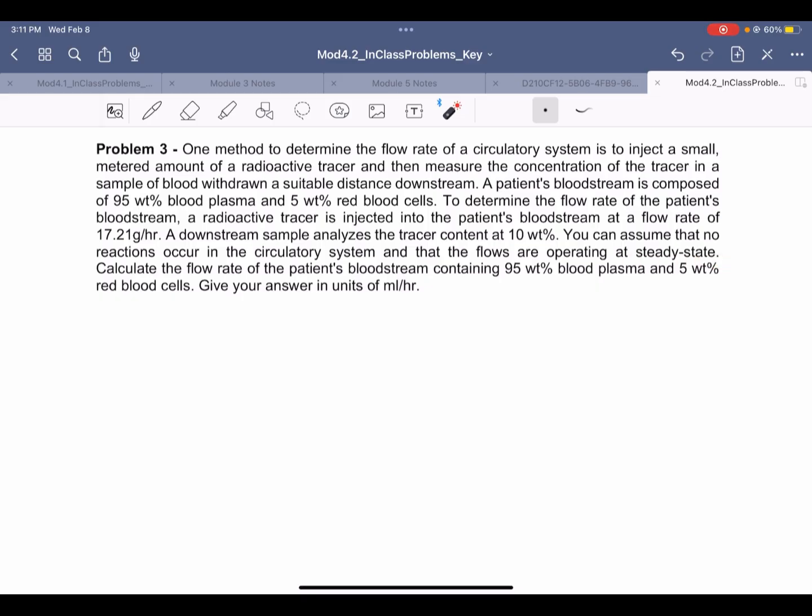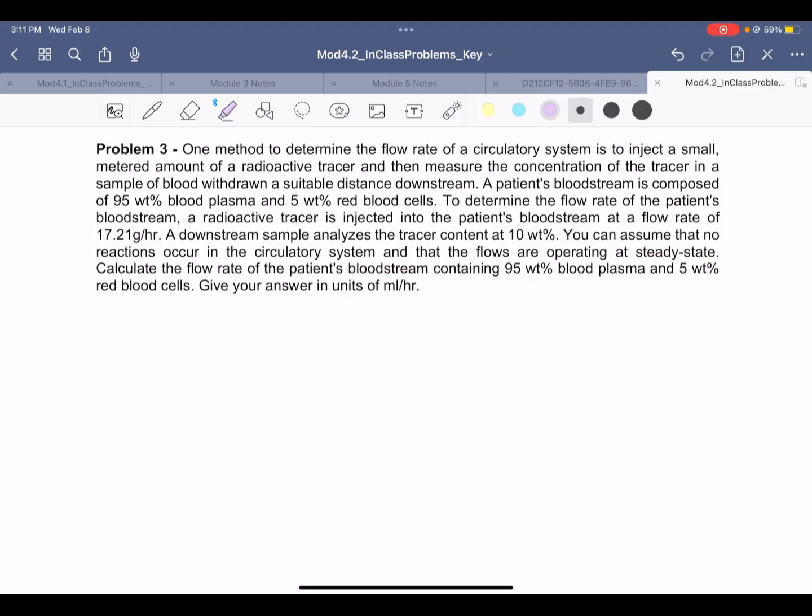So now we're asked to calculate the flow rate of the patient's bloodstream containing 95% blood plasma and 5% red blood cells, so basically the blood that came in at the beginning. And it asks us to give the answer in units of milliliters per hour, so that seems important.